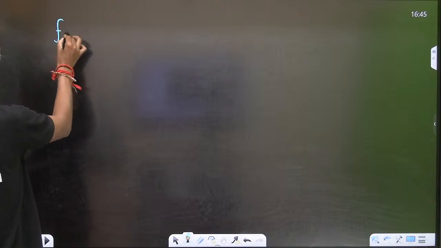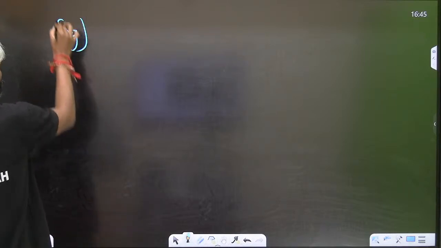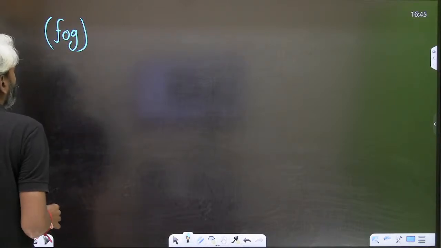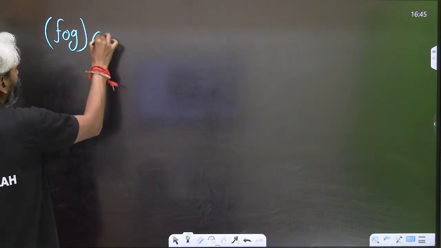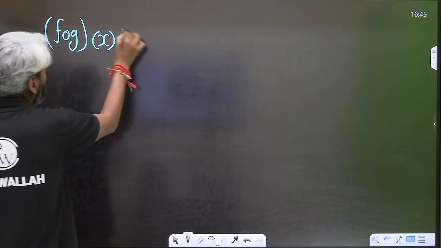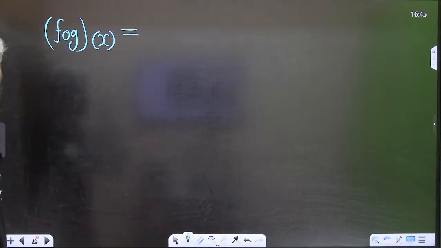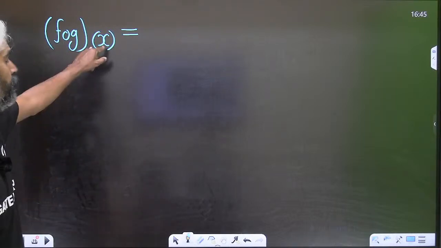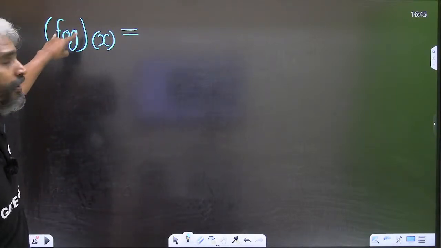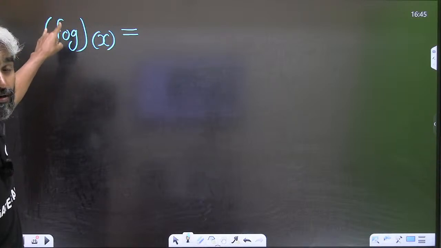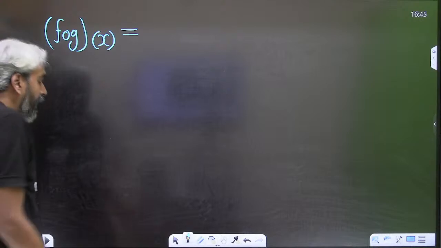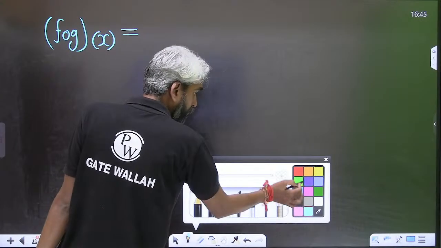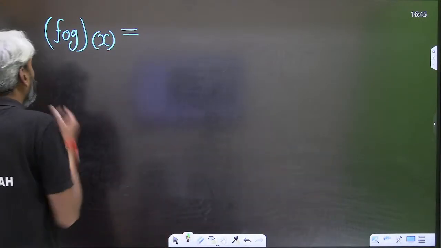Okay, let's try to understand function composition. Suppose this is the composition of f and g, defined as f of g, and I pass the value x to this function. It is the composition of f and g given in the order f of g. How exactly is the value evaluated?